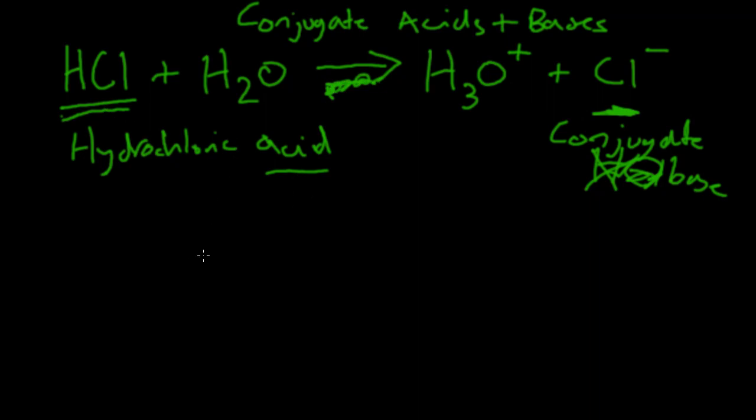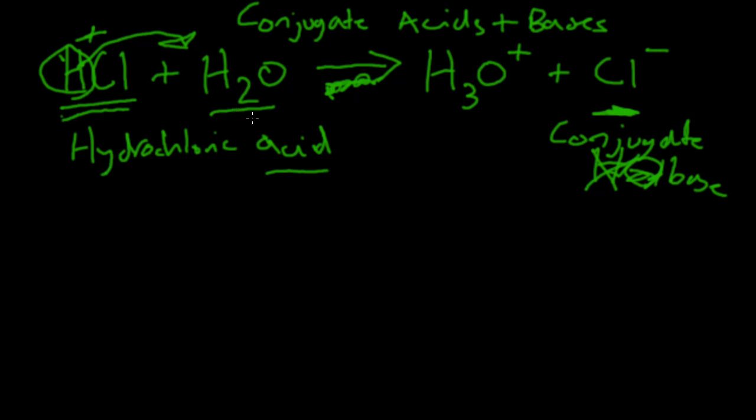Now, a little bit more confusingly, water is in the same position. For instance, the H2O molecule accepts the H+ ion and mops it up from the HCl molecule. So this H+ basically jumps over. That's the whole reaction, the H+ jumping from one to the other.